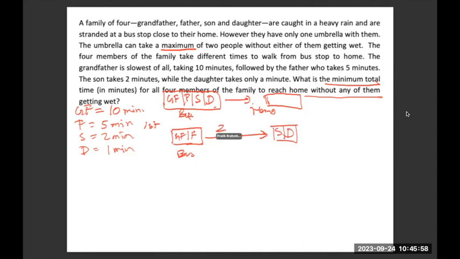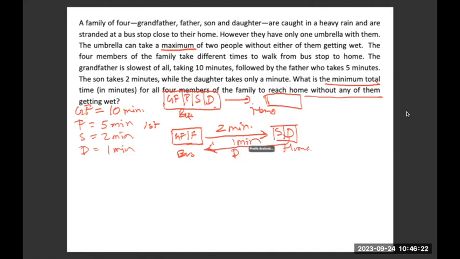They will take about 2 minutes in this situation. Then, once they are there, the daughter, who is the fastest, will come back to the bus stop. She will take about a minute.